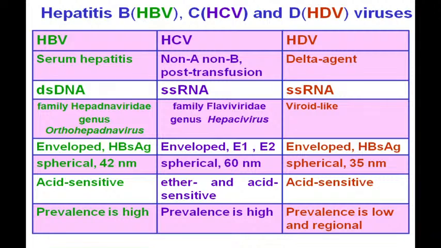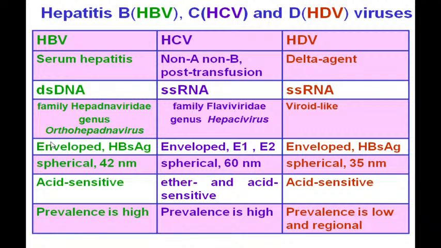HCV is in the Flaviviridae family, genus Hepacivirus, or heparnavirus quite often, which means hepatitis RNA virus. And HDV is not classified, it is a viroid-like particle.